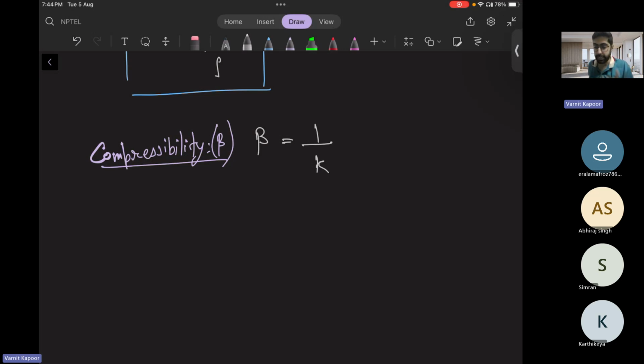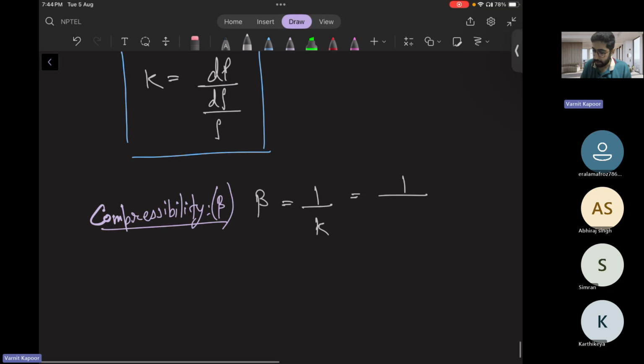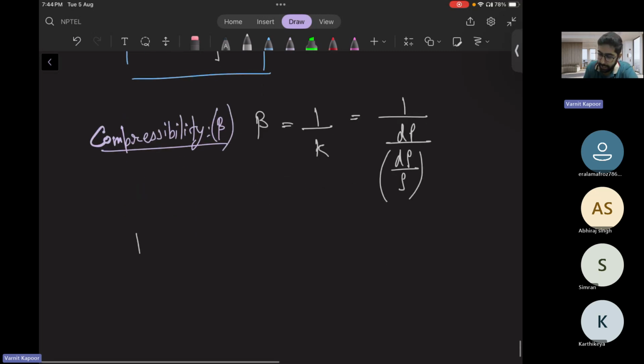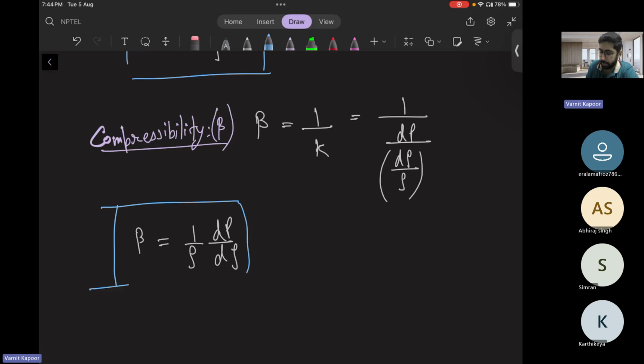Beta is inversely proportional to K. So this is 1 by dP by d rho by rho. So your compressibility can be written as 1 by rho times d rho by dP. So this is your compressibility.